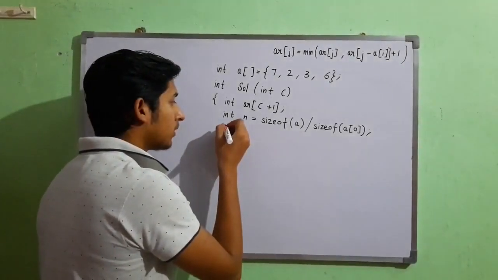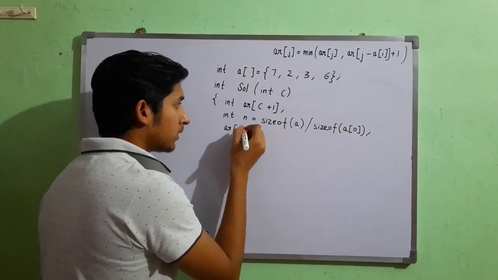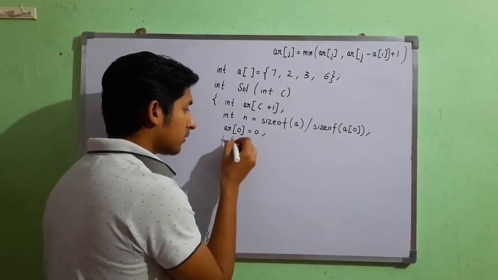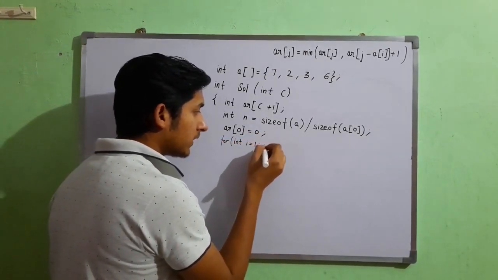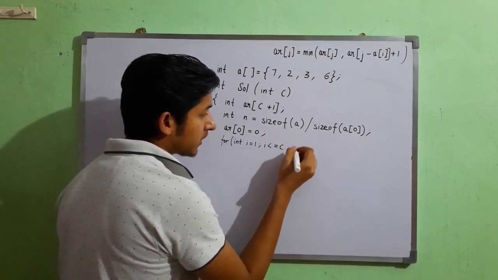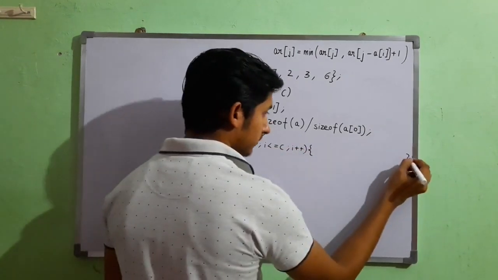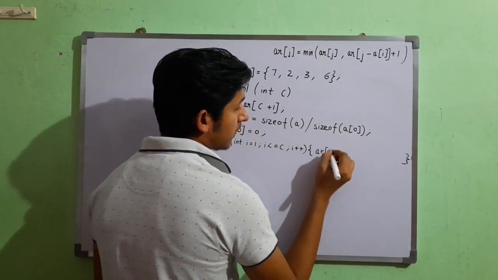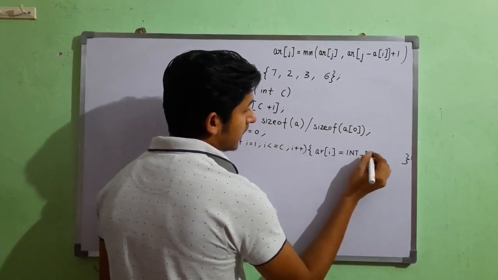So AR 0 equals to 0, for int I equals to 1, I is less than equals to C, I plus plus, AR I equals to int max.